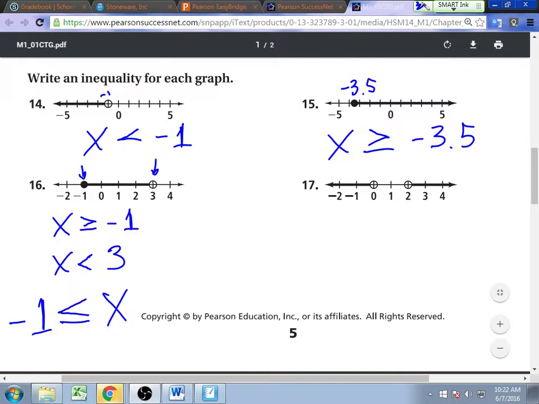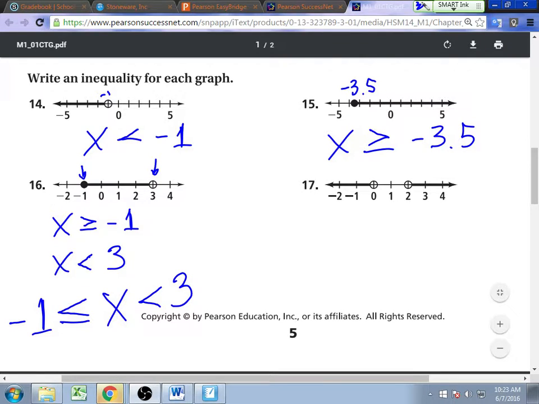What's shaded is what I'm calling the range, the acceptable values. Where there are two pointing different ways, we're going to cover that in a second. So this is only half of my inequality, because I also have to say that x, my range here, has to be less than 3. So -1 is less than or equal to x, and x is less than 3.